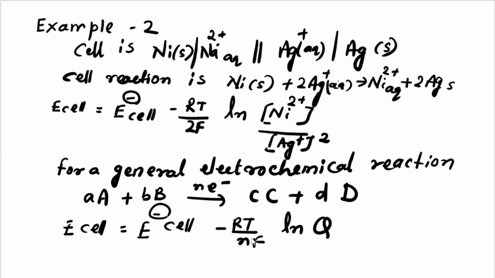So example 2, where a cell representation is given. From the cell representation you think about which one should be the cathode and which one should be the anode. In the cell representation, the left side is the cathode and the right side is the anode. So what is the cell reaction?